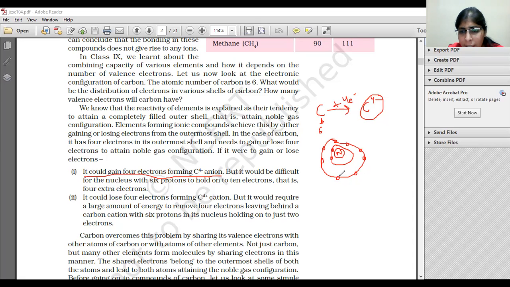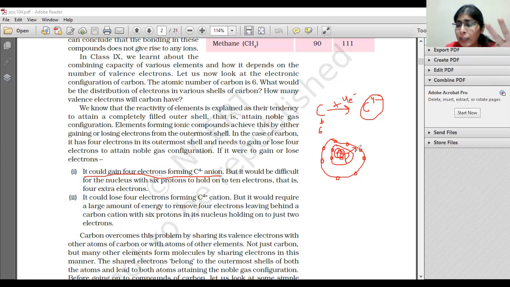Now, it would be very difficult for this nucleus to hold on. If 4 electrons are added, then with 6 protons in the center, it will be very difficult to hold 10 electrons. For example, if there is a room with space for only 6 students, can we accommodate 10?